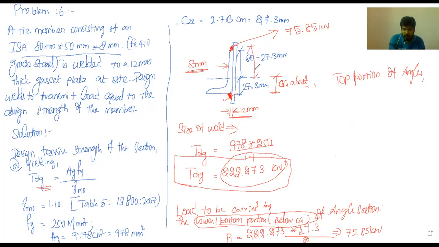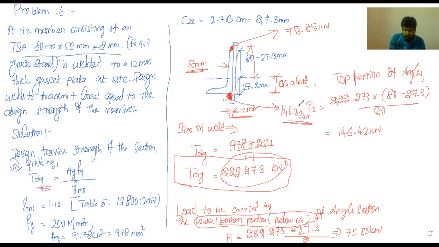So this distance, based on the value, the load is going to act here, which is nothing but P2 is equal to 222.273 into 80 minus 27.3 divided by 80. So 222.27 into 80 minus 27.3 divided by 80, so 146.42 kilonewton force is going to act here.